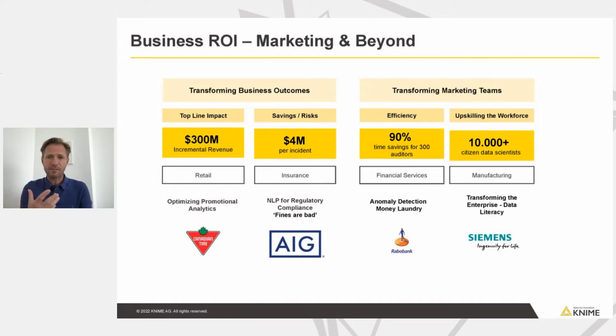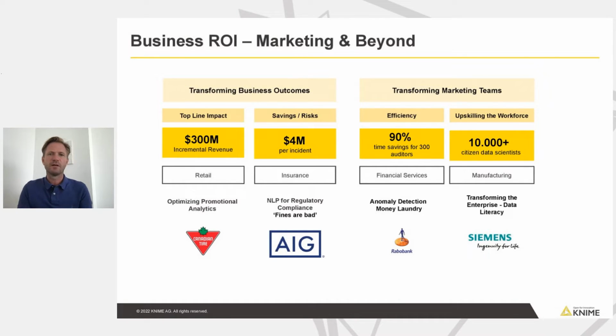And then something down to earth: Rabobank is using, in this case the auditor team, Knime to get this time to value, so that they are much more efficient, with time savings of up to 90%.